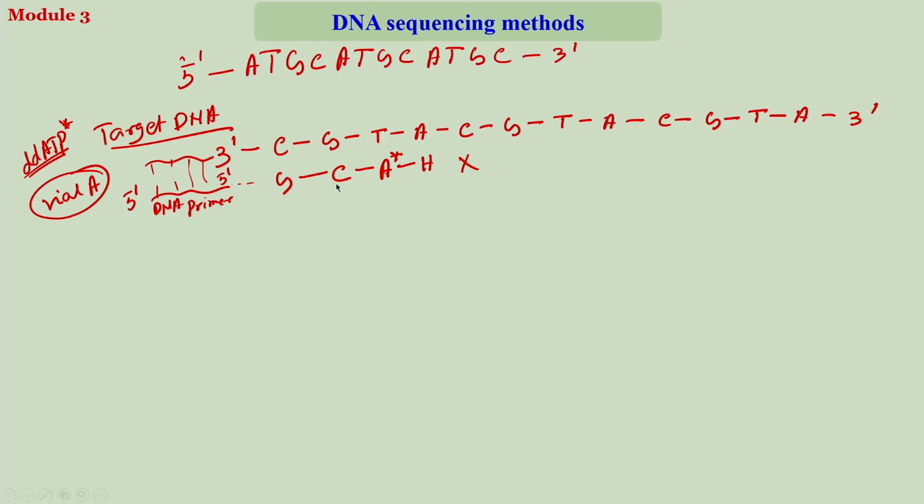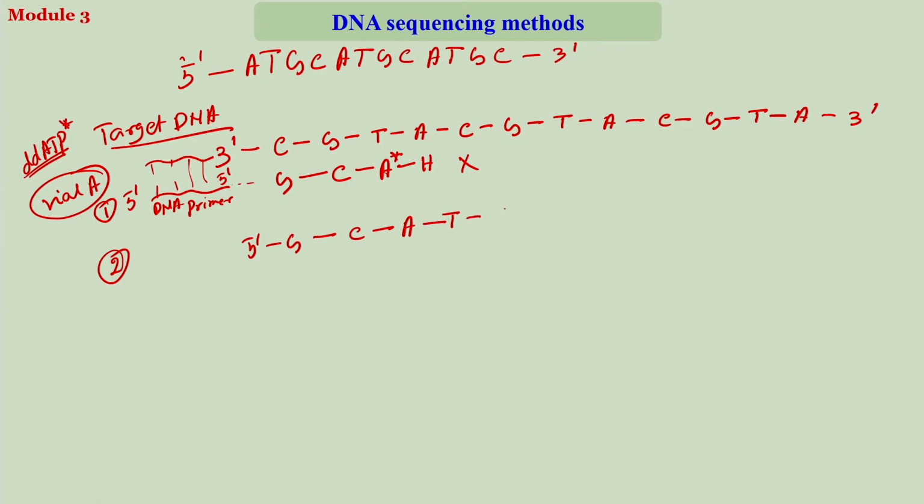So, in this case, the case number 1. The first case is that your reaction may stop here. Case number 2, I am not writing the primer again anymore, I will move directly here. G, C, that it takes up the normal dATP, so it will move along.